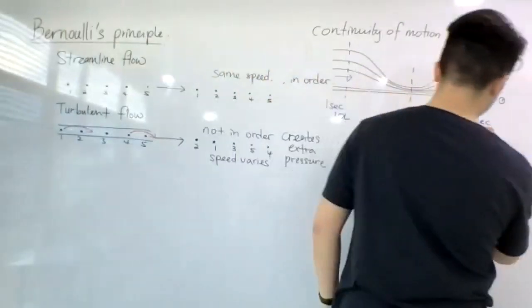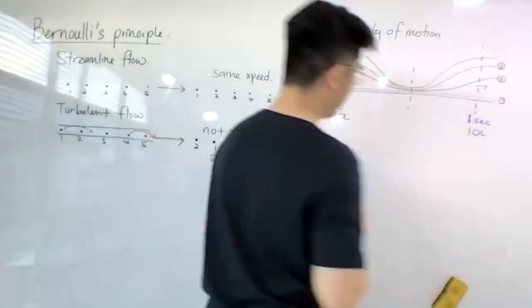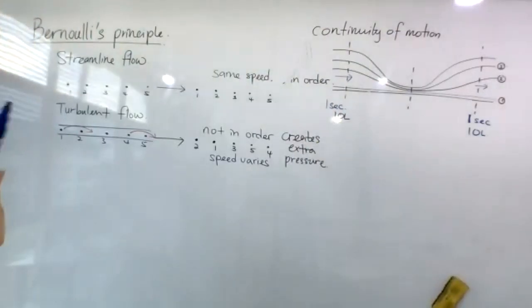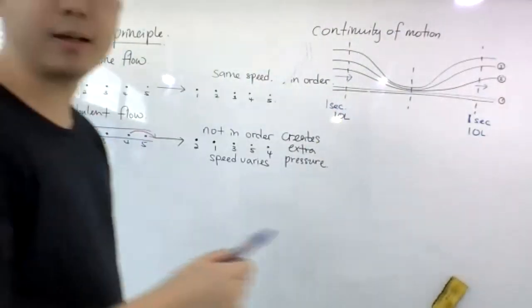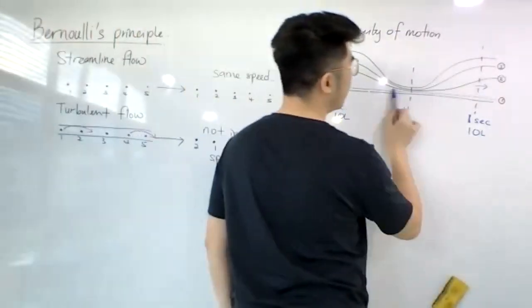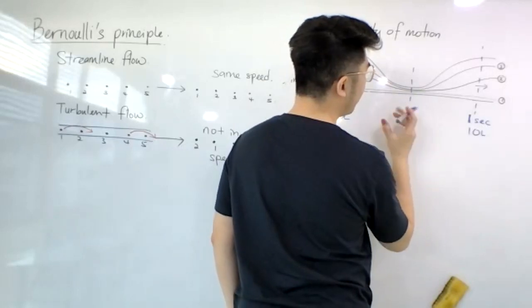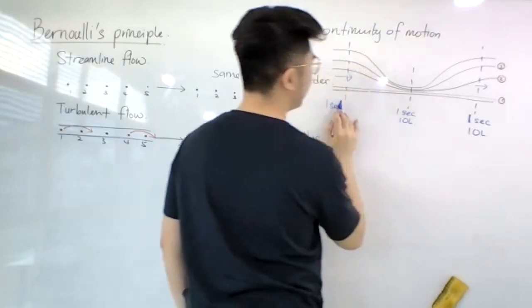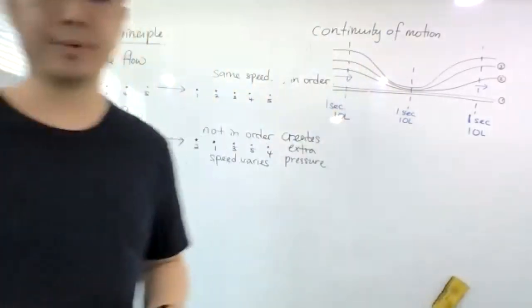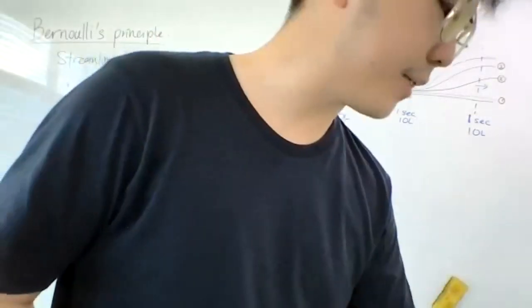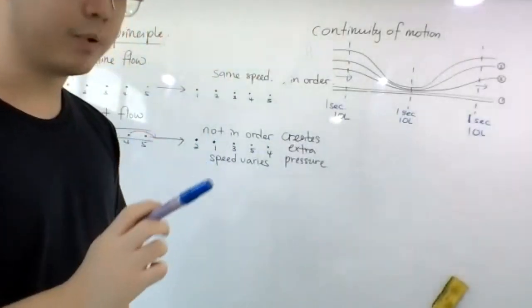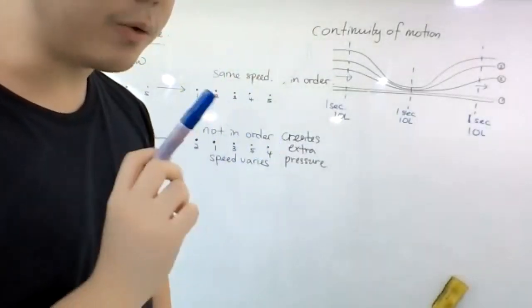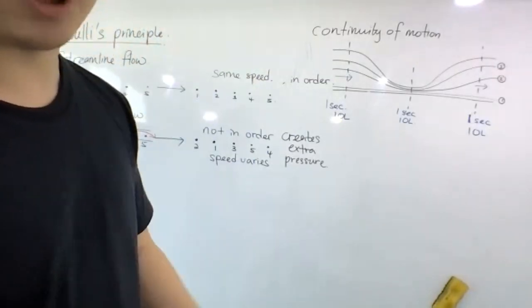So if I ask how much water is flowing in 1 second across the middle, this will also be 10 liters, right? 10 liters, 10 liters, 10 liters. So that tells us the same quantity of liquid flows at every cross section.